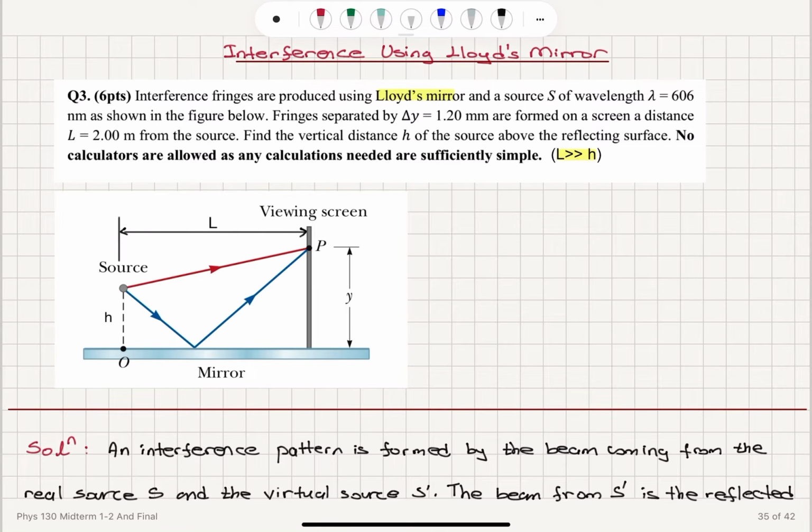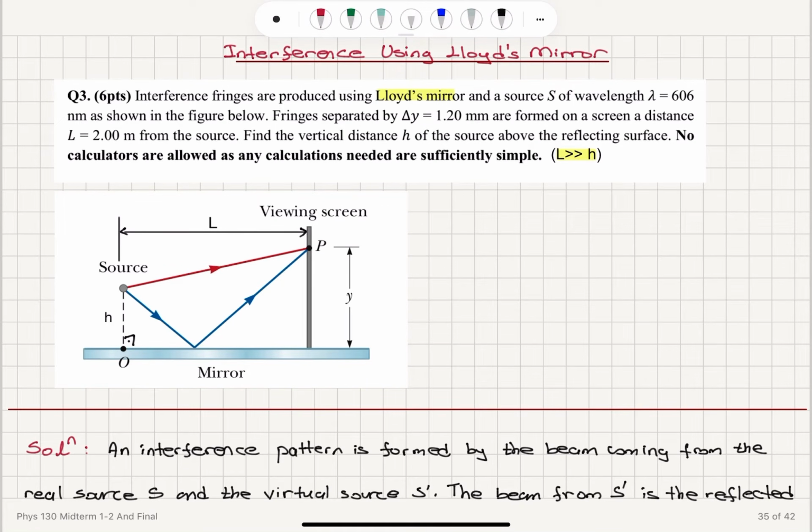Okay, so finally we can summarize this solution. We have a source of light on one side of a mirror at a perpendicular distance h from the mirror. And because there will be an image of this source on the other side producing this reflected ray, this reflected ray and the incident ray, incoming ray from the real source, will interfere to form an interference pattern on the screen.